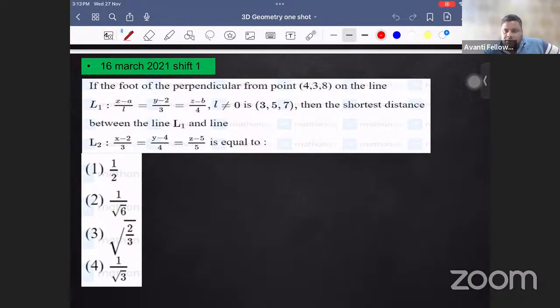So whatever you got, just mark your answer in this poll section. Yes, please. 1, 2, 3, 4 as A, B, C, D, whatever you got, mark it here. Bombay. Anybody else?